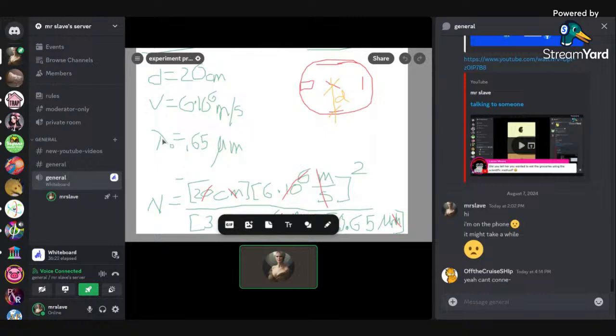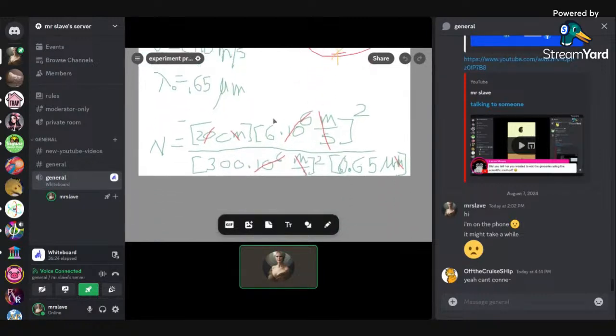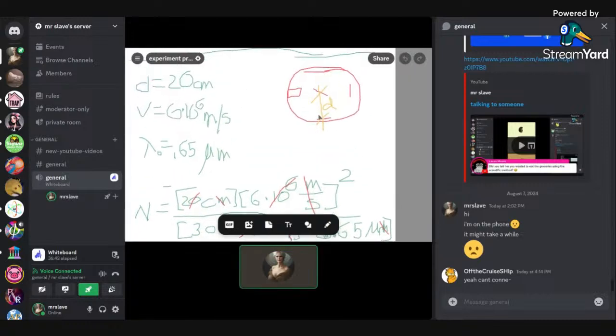So lambda is 0.65. Okay, and then the last step was plugging in. So n is equal to dv squared over c squared lambda. So lambda is 0.65 micrometers. Assuming the arm length D is about 20 centimeters, from the splitter to a mirror, either this or that, it doesn't matter.